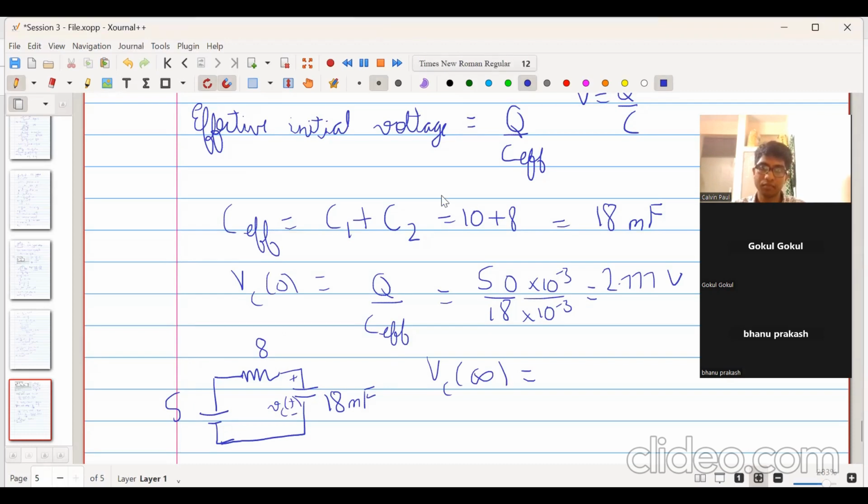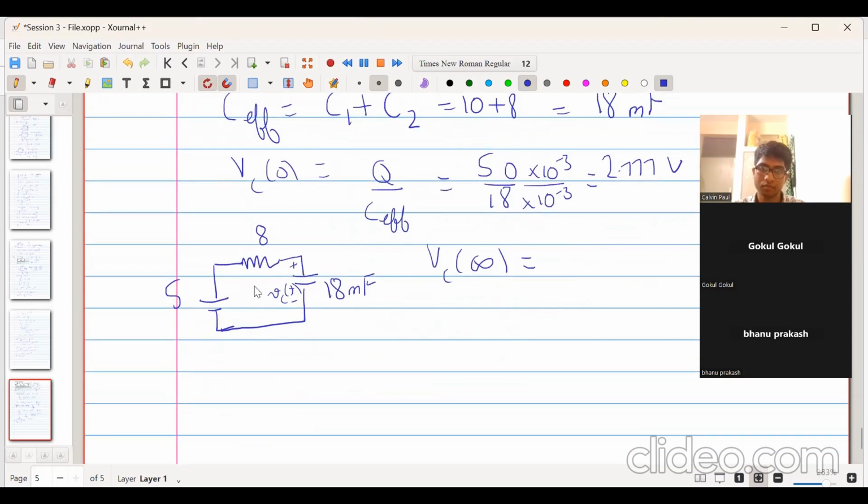In steady state, the capacitor acts as what? Open circuit. For it to be open circuit, what should be the voltage across the capacitor? 5 volt. So Vc of infinity will be equal to 5 volt.